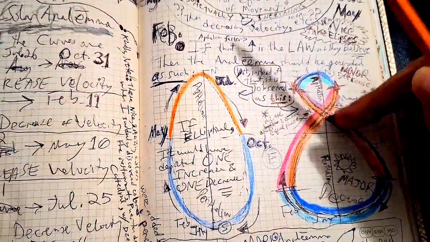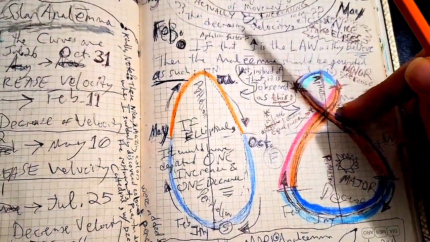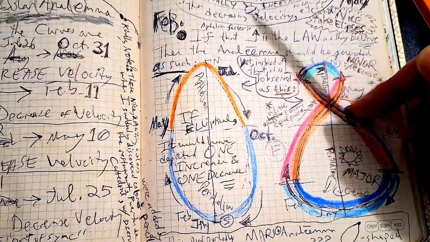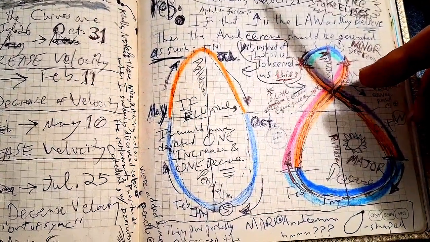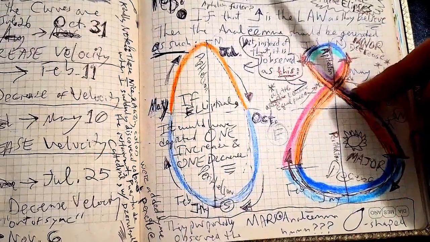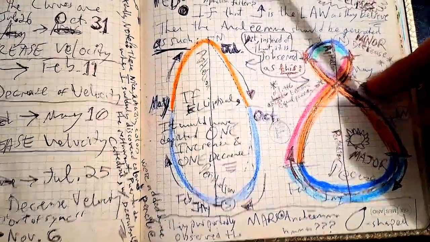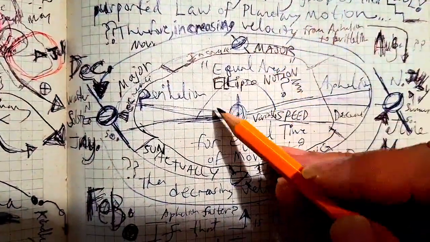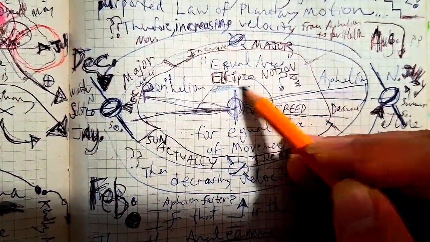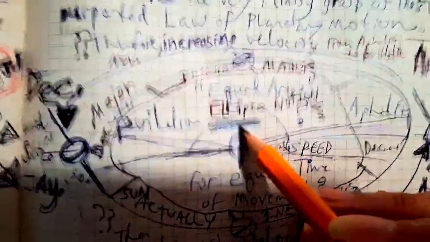It is not explained away by the normal and the typical and the very overused reasoning that it has something to do with the elliptical theory, ellipses.